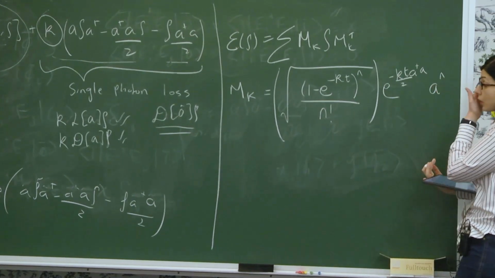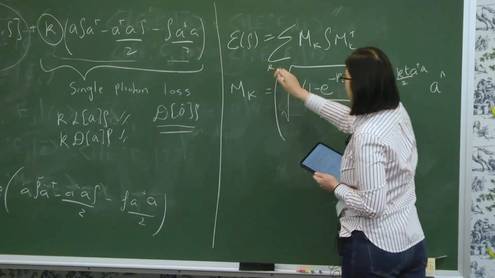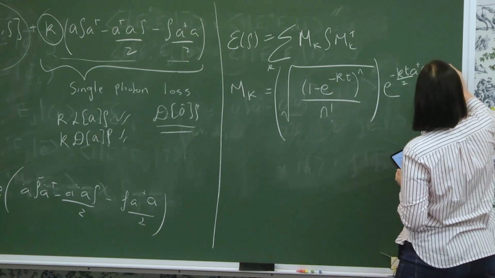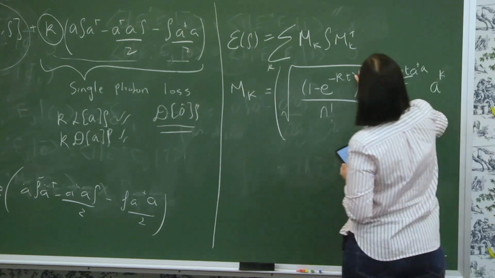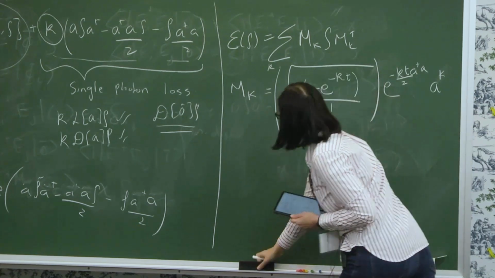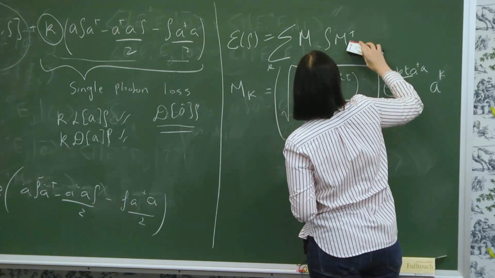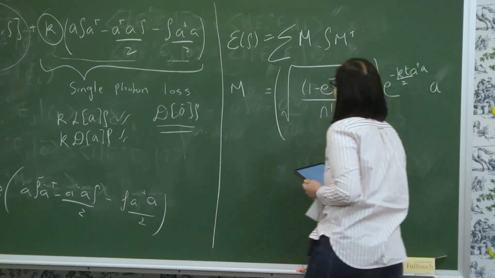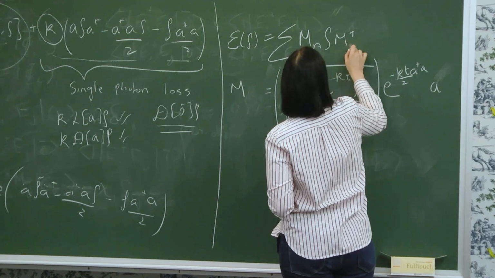Maybe I shouldn't use the notation k because k and kappa look the same, so I'm going to call this just m.